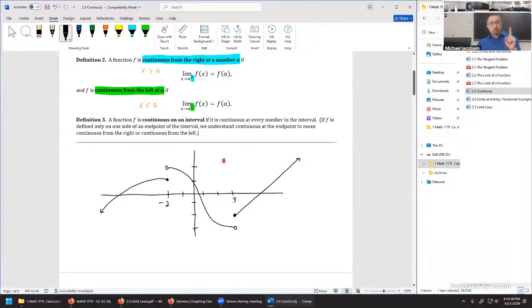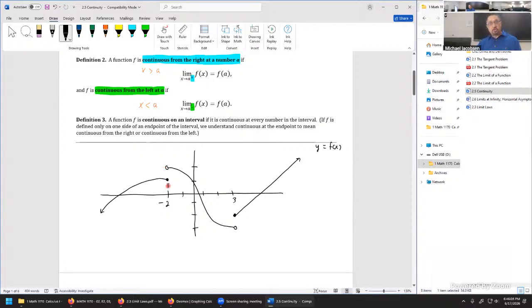So there's the curve. It's just one overall function. We can call it y equals f of x to emphasize. And it has kind of a lot going on with it. I'm interested at what's going on at -2, what's going on at +3. We're going to see if at those numbers, the curve is continuous from the left or from the right.